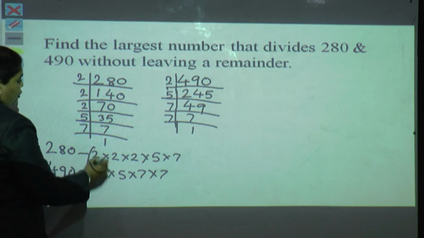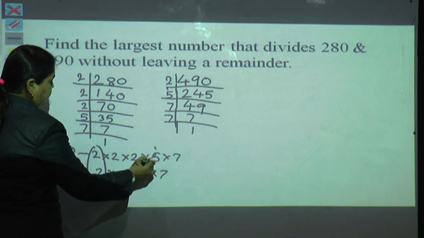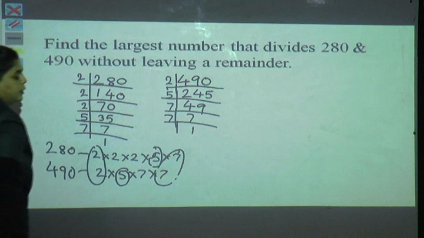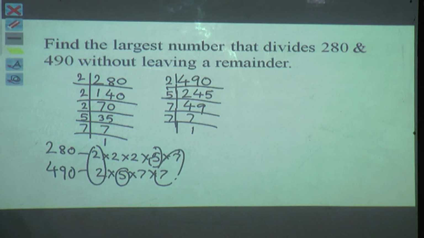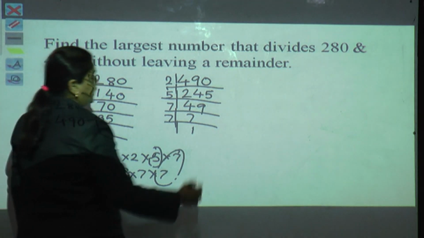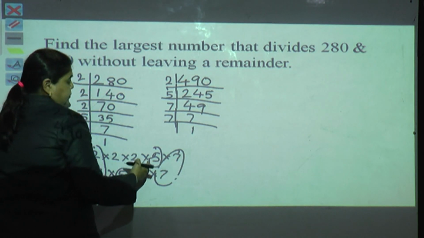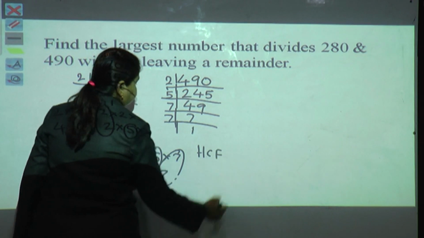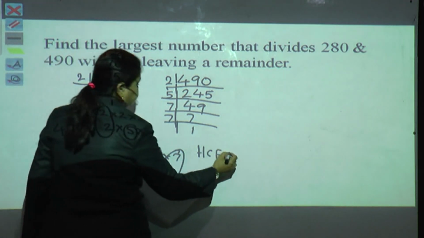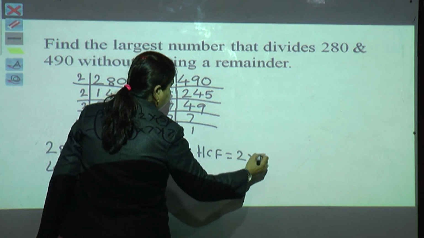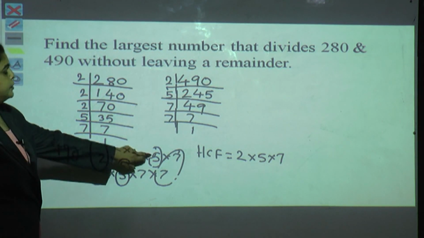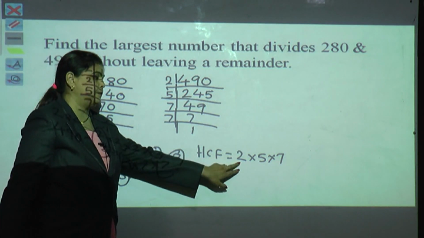We have 2 common, 5 common, and 7 common. So what will be the common factors here? That is the HCF: 2 multiplied by 5 multiplied by 7. 2 and 5 are common, and 7 is common.